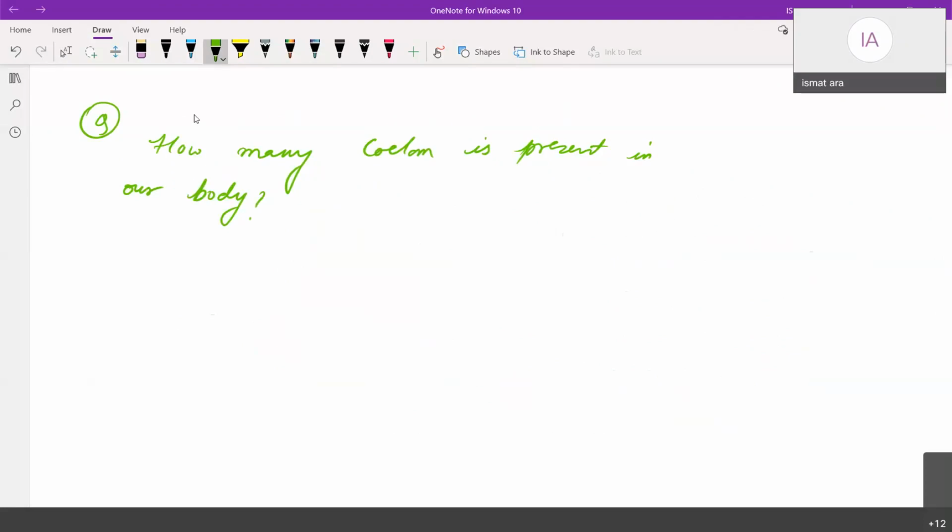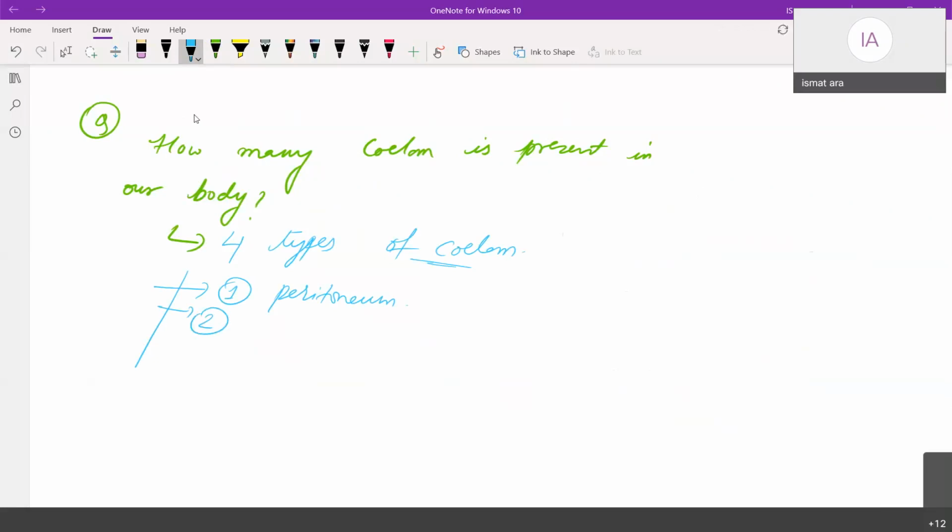Anyone can answer me? I know I have not told you. There are 4 types of serous cavities. Now you should remember the names. First one, peritoneum.